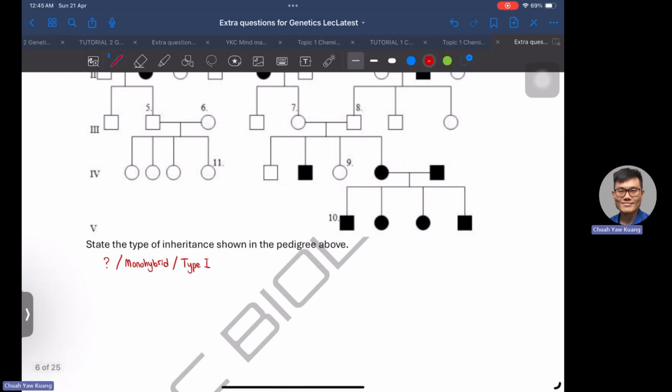Now, state the type of inheritance. To state the type of inheritance, it is either sex-linked or autosomal. Another thing we can find out is whether it is dominant or recessive.